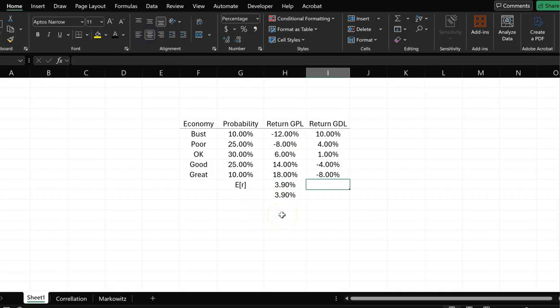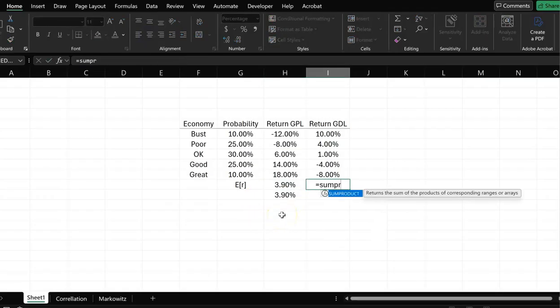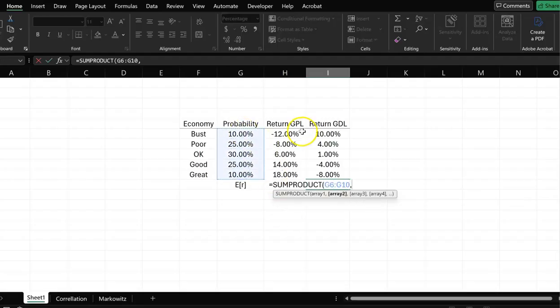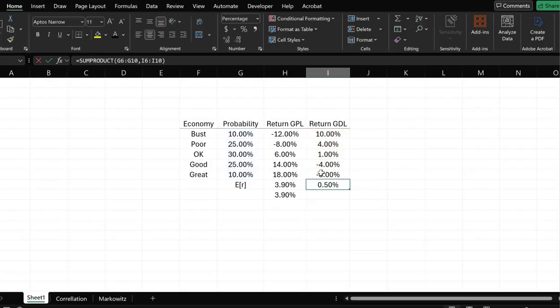That's easier to type in here. I'm going to do the SUMPRODUCT for the other one also, and I can get their expected returns. So there's the expected return for GPL, and here's the expected return for GDL. I'm just going to make those yellow. There's my expected returns.